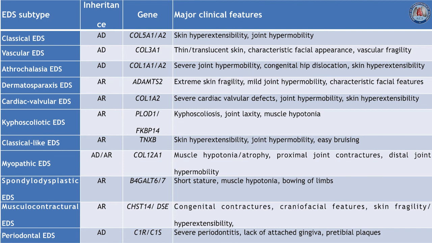These subtypes are briefly discussed in the manuscript. For each subtype, major and minor criteria are proposed within the nosology. The minor criteria are less specific, whereas the major criteria involve features that occur in the majority of patients with a specific subtype.